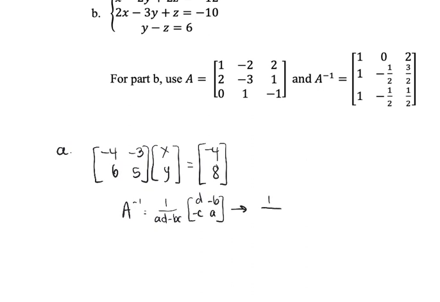So this is 1 divided by A times D, which is -20, minus B times C, which is -18. -4 and 5 change spots. -3 gets multiplied by -1, so that's 3. 6 gets multiplied by -1, so that's -6. -20 minus -18, minus -18 is plus 18, so -20 plus 18 is -2, so this is -1/2.